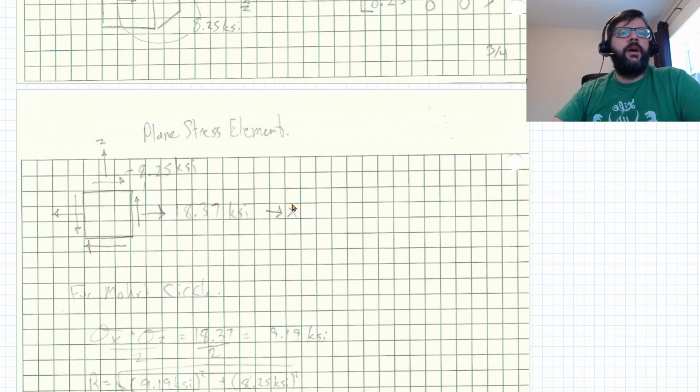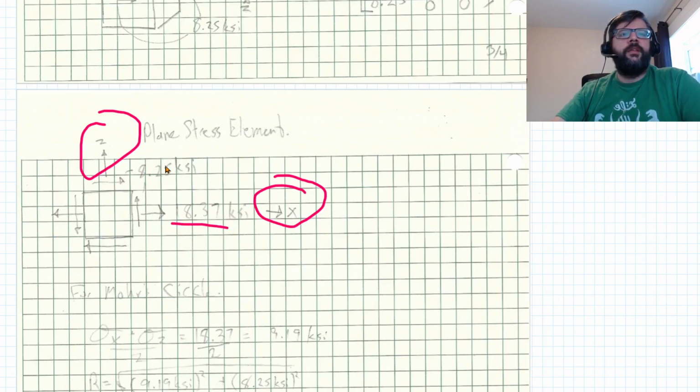With the x direction this way and the z direction this way, we end up getting the tensile 18.37 KSI, the shear of 4.25 KSI, and no normal stress in the z direction at that point.